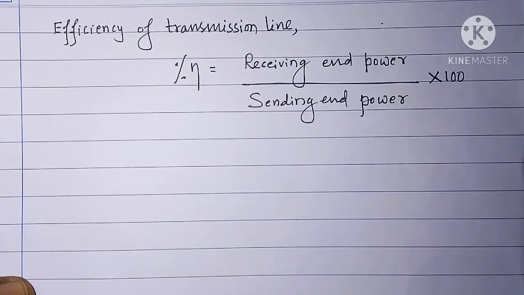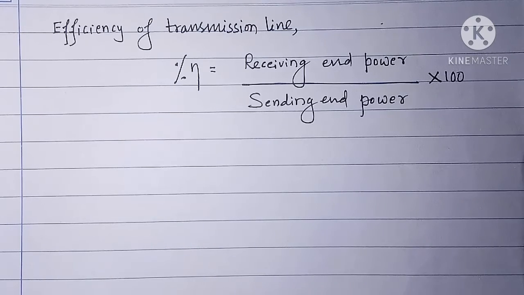Because of inductance, capacitance, and the resistance of the transmission line, the voltage at the receiving end when load is not connected and when load is connected will not be the same.